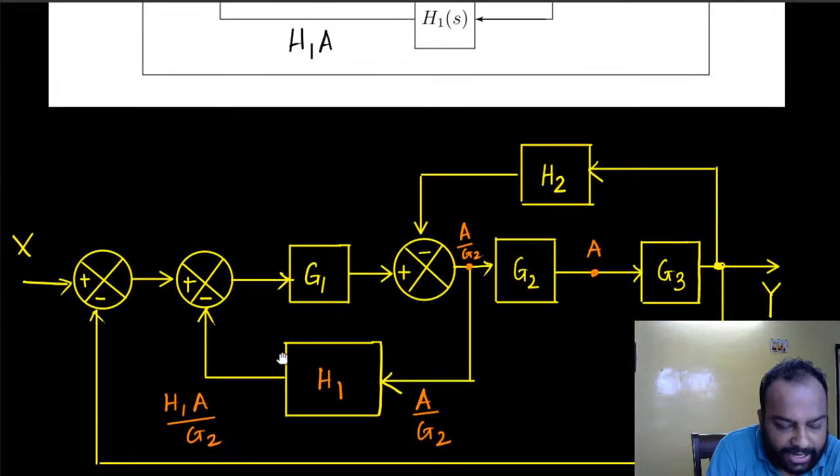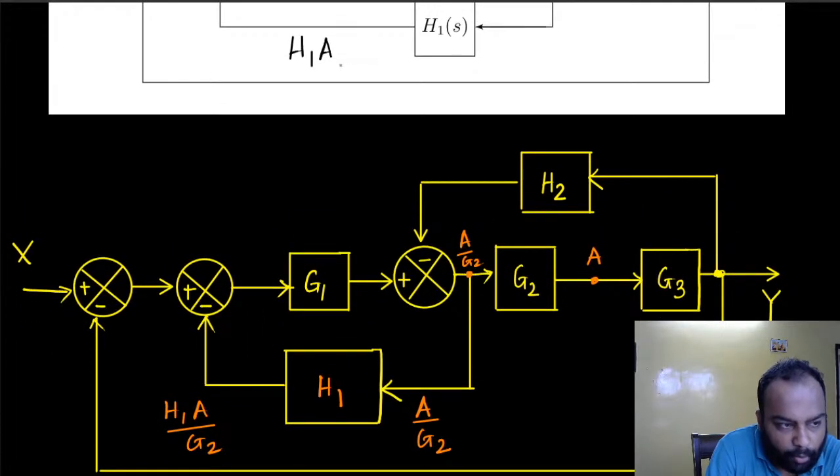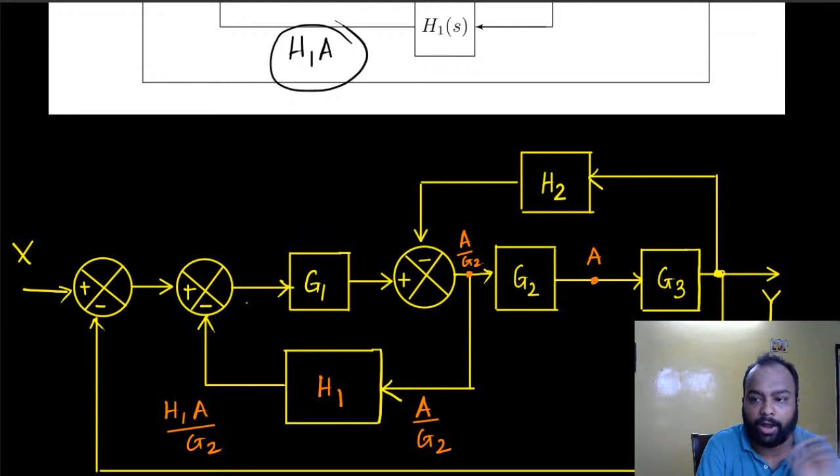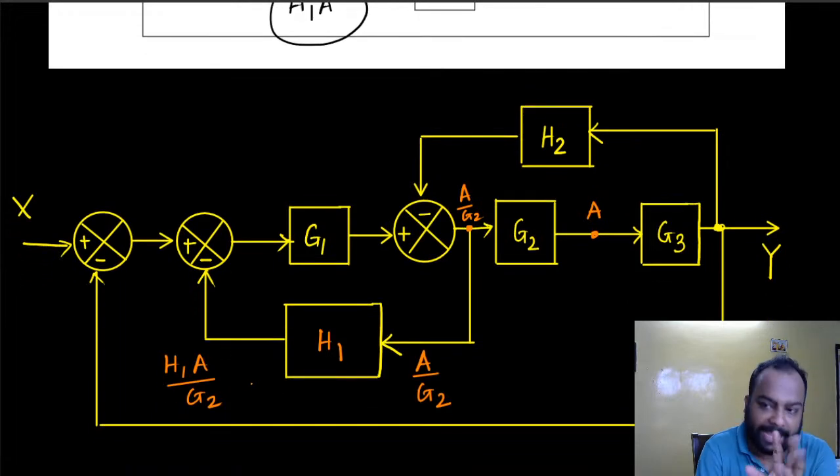Unfortunately, that is not what I want. The output of this should have been H1A, not something like H1A by G2. I need to take care of that.